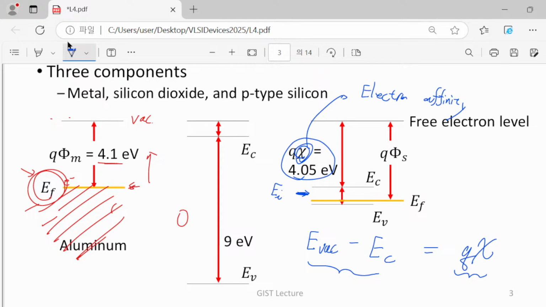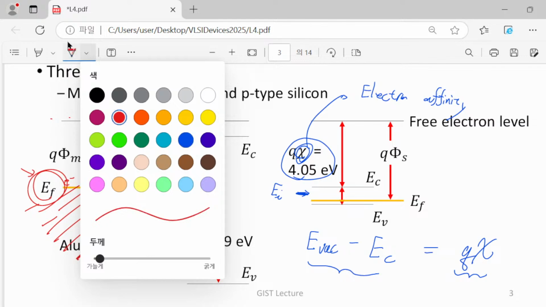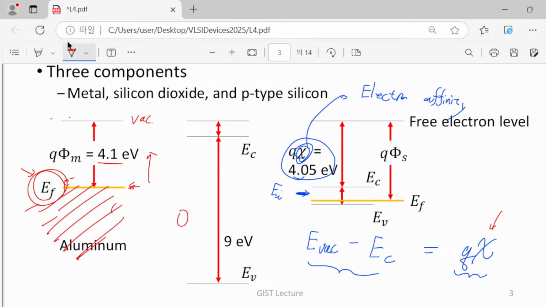If we write it down in this case, there is one thing. What is the dimension of this chi? Is this eV? No. In this case, q corresponds to the Coulomb scale, so we have just volt.